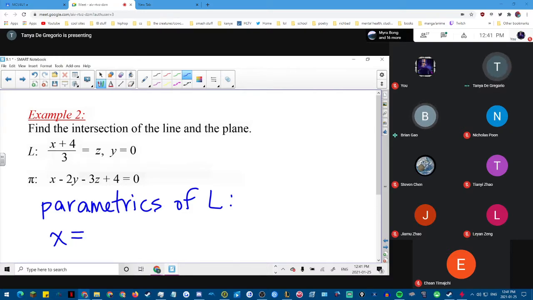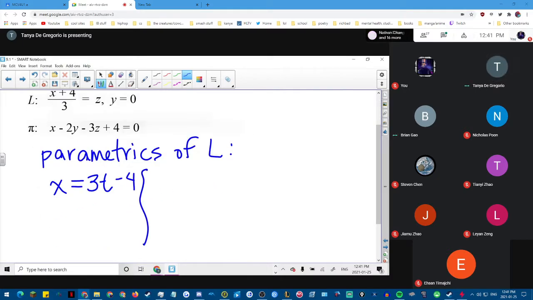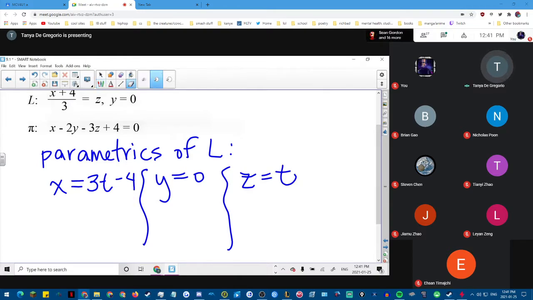Negative 4 plus 3t. Sure. Okay, what about y? 0. Yep. And z is just t. Okay, so now you take this and you sub it into pi, right, into your plane.